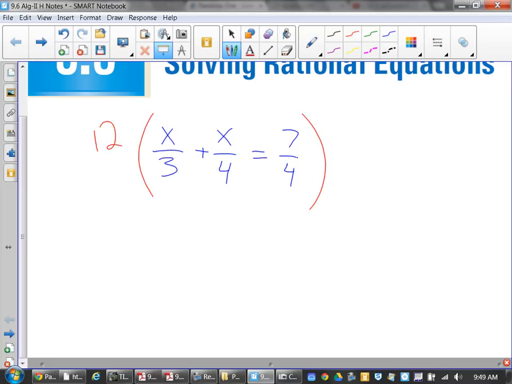by 12, I'm going to do this longhand a couple of times so you can get the idea of what it looks like prior to shortcutting. You wind up with 12x over 3 plus 12x over 4 equals 12 times 7 over 4.